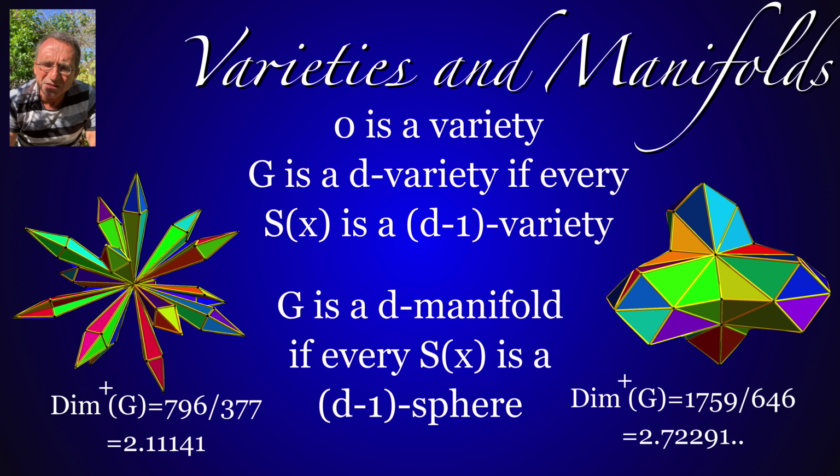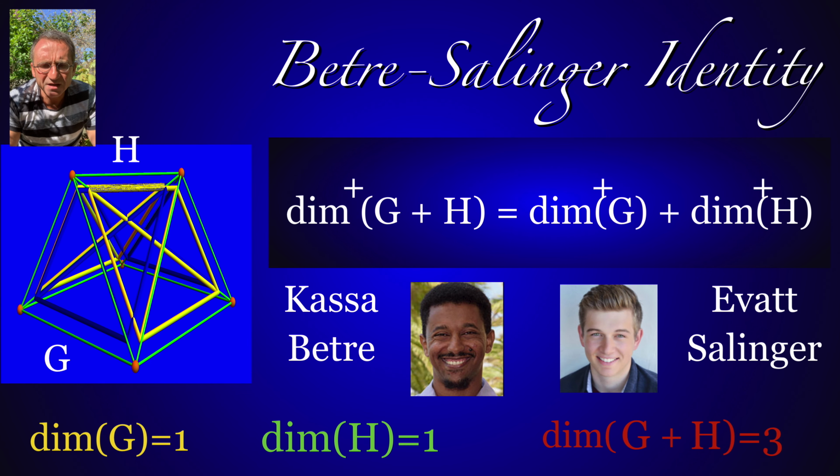But the average simplex cardinality gives more interesting values. We see here on the right a discrete sphere, and the computation of the average simplex cardinality there. On the left we see a variety, a bouquet of spheres, and there too we have computed the average simplex cardinality.